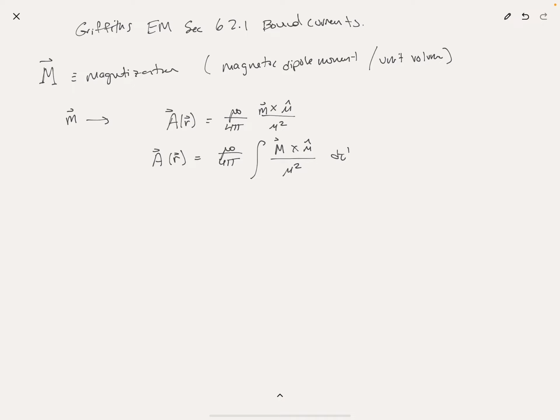That's all we really need to do, but this is not in such a convenient form, so we can go ahead and split this integral into two integrals, like we did for the polarization.